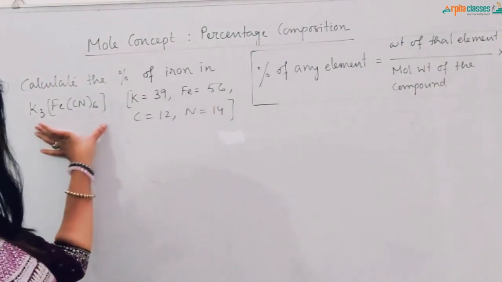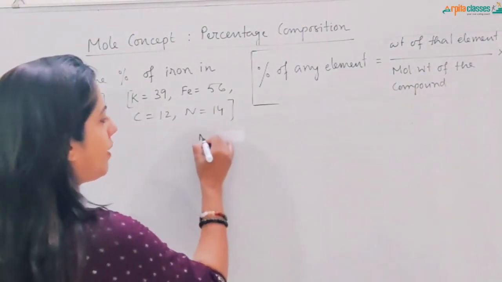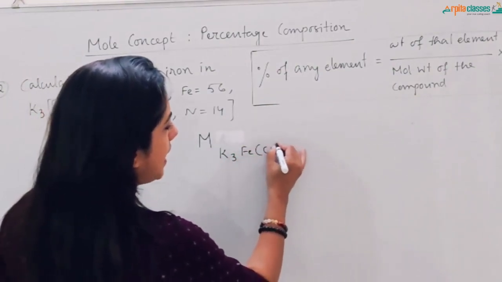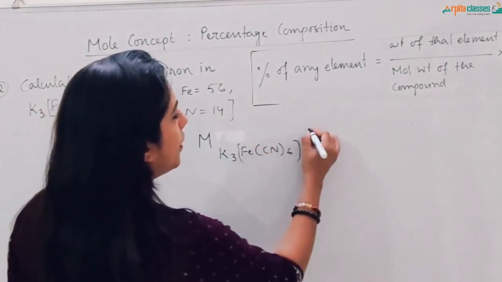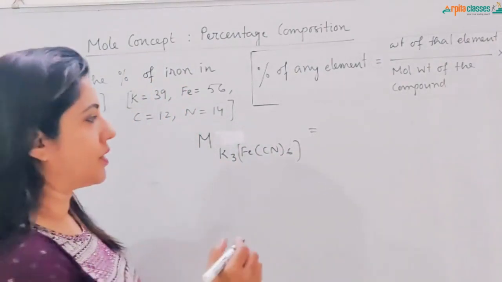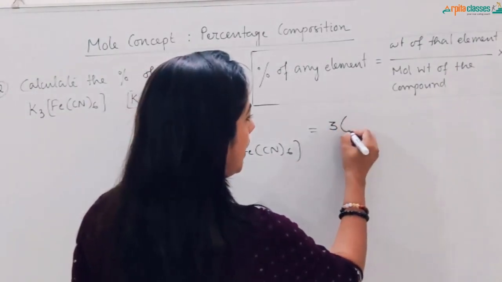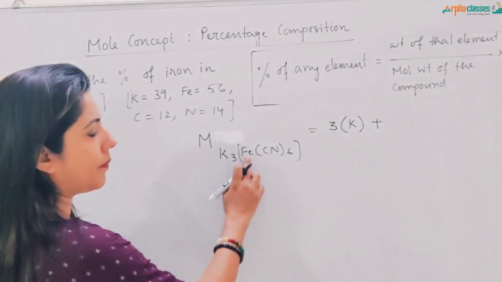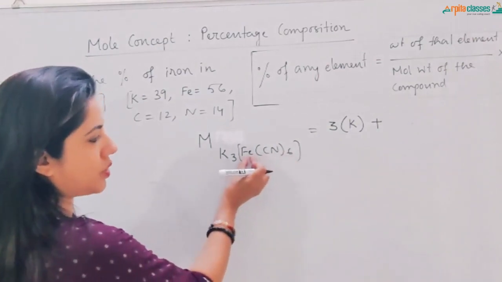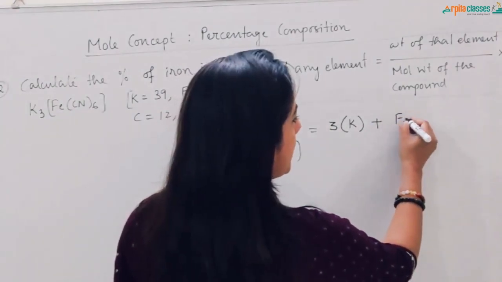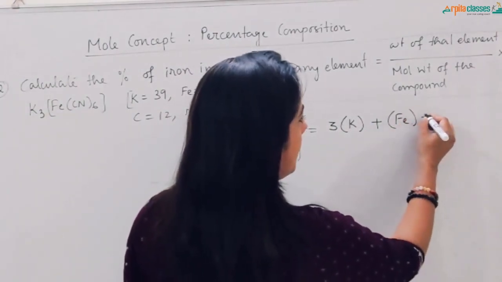The compound is K3FeCN6. So we'll find out the molecular weight of K3FeCN6. So this will be equal to 3 into atomic weight of potassium. I am writing it this way, 3 into atomic weight of potassium plus Fe, so atomic weight of Fe, so I am writing it this way in bracket plus.